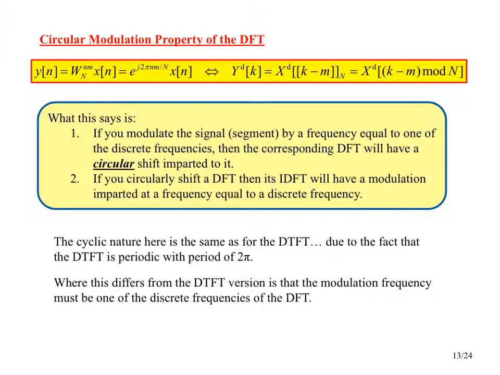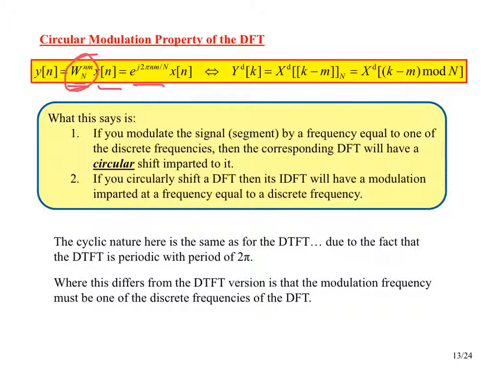So we know that the DFT itself has a periodic nature, and so if we frequency shift the signal, so if we start with some x of n and we multiply it by a complex exponential, so remember this form written out just as e to the j 2 pi nm over n. So we are modulating with a complex exponential as a function of n time. So our frequency is 2 pi m over n.